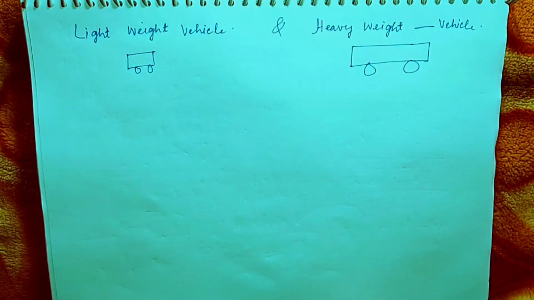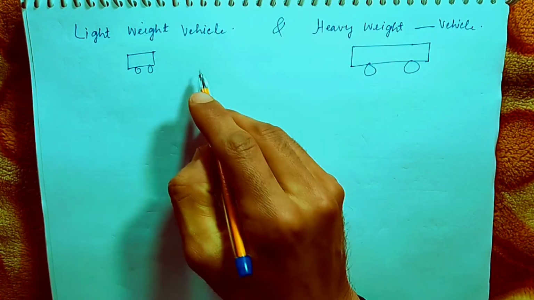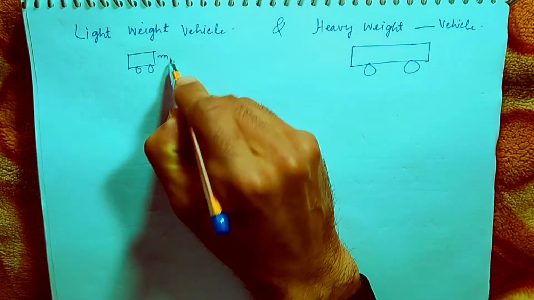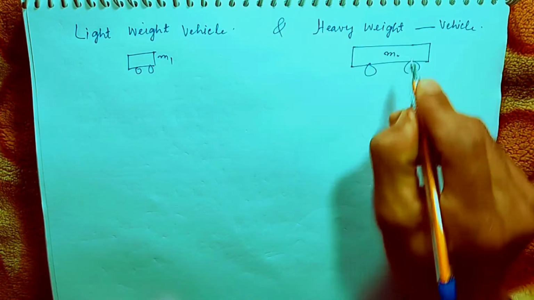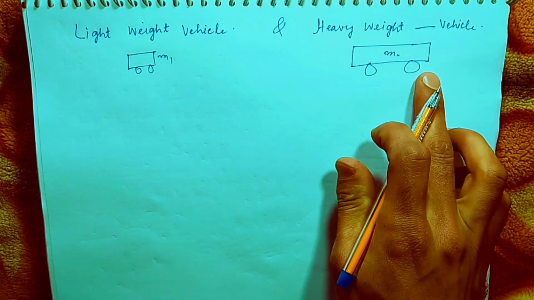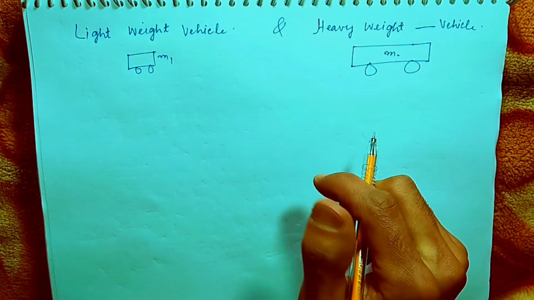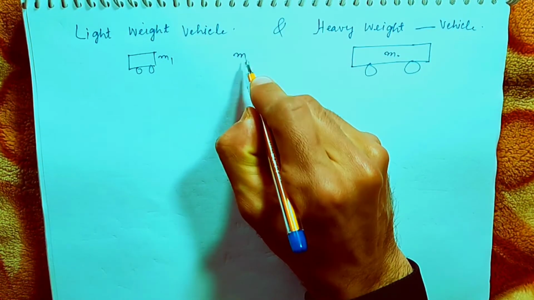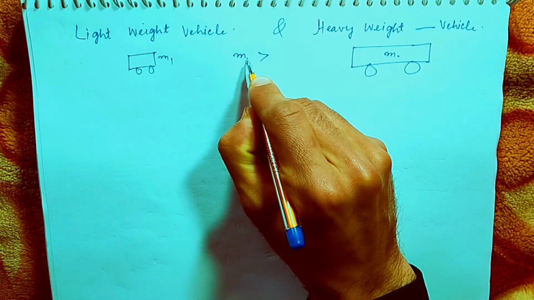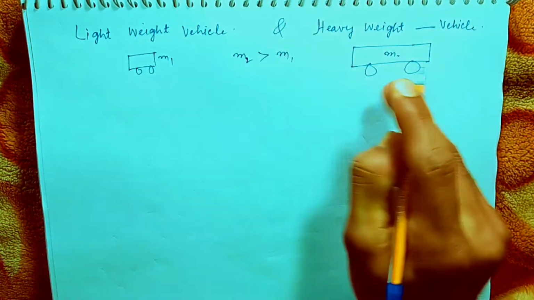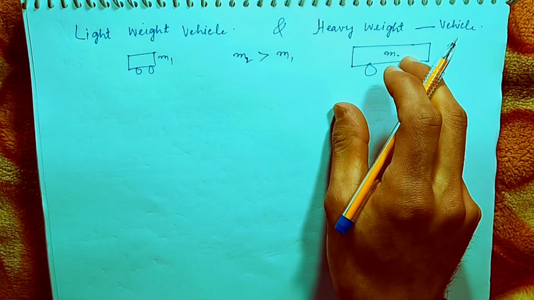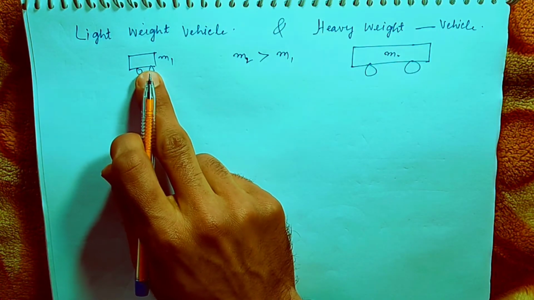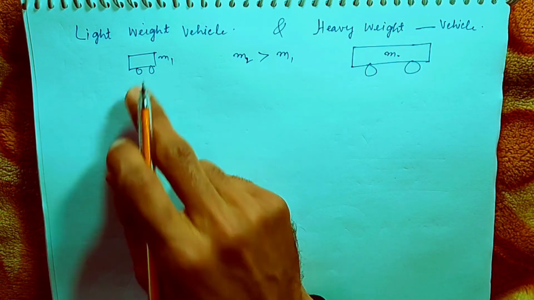Suppose the mass of the small vehicle is M1 and the mass of the bus is M2. We know M2 is greater than M1, because the bus has more mass than the smaller vehicle.